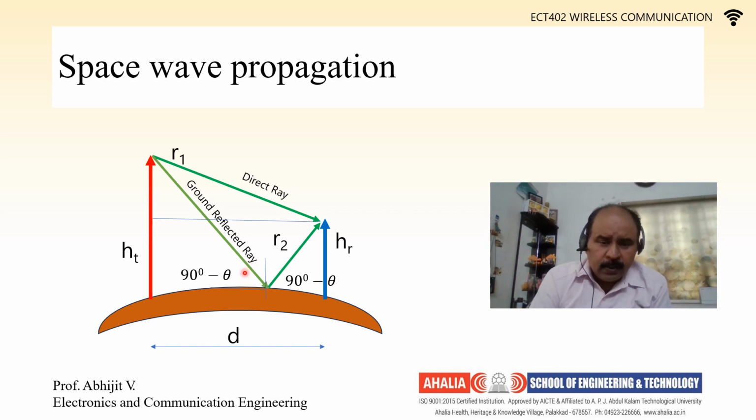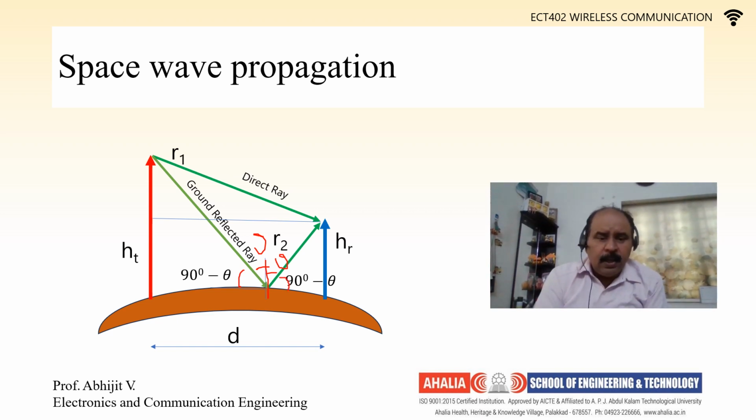Let us consider this angle to be theta, and this also to be theta. This is from the normal. This is the normal. So this angle will be 90 minus theta and this angle will be 90 minus theta.